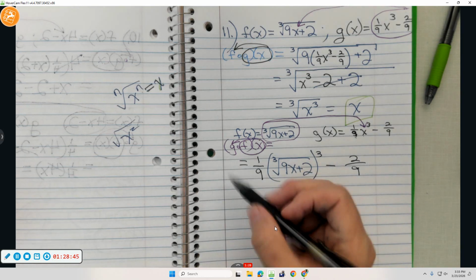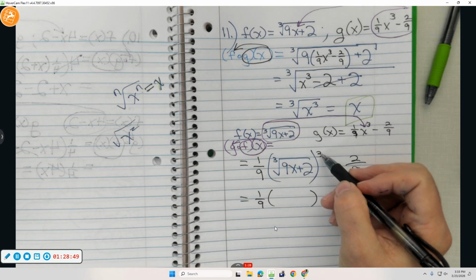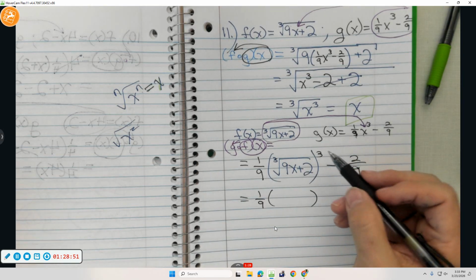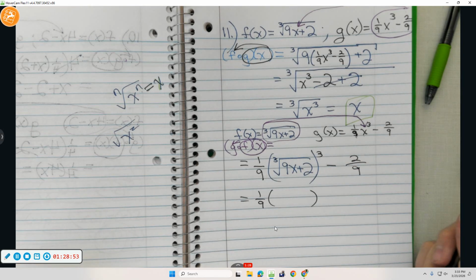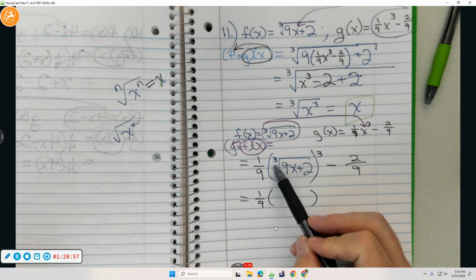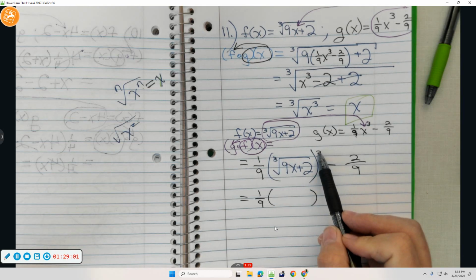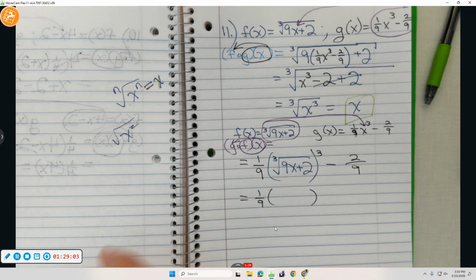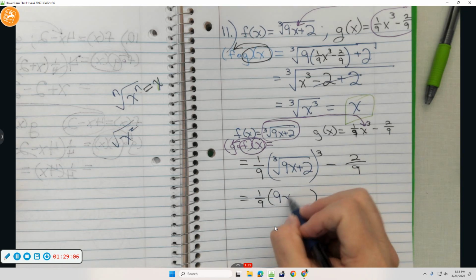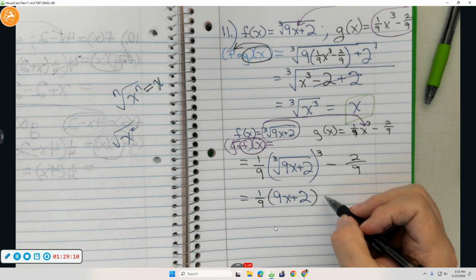So you have 1/9. The cube and the cube root cancel each other out. In a week's time, we'll be saying the cubing function and the cube root function are inverse functions. When they're performed consecutively, they cancel each other out, leaving us just 9x plus 2. And we still have that minus 2/9 stuck on there.